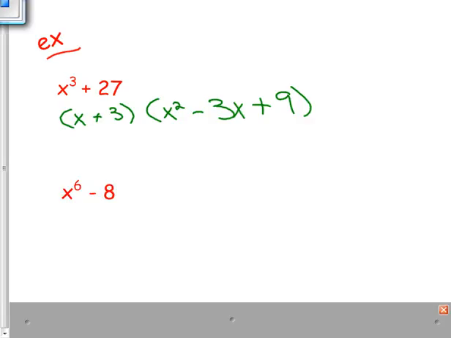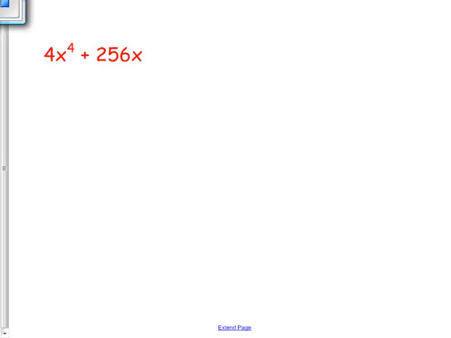What do we get for this one? So what do we get after we take out the factor of 4x? X cubed plus 64.